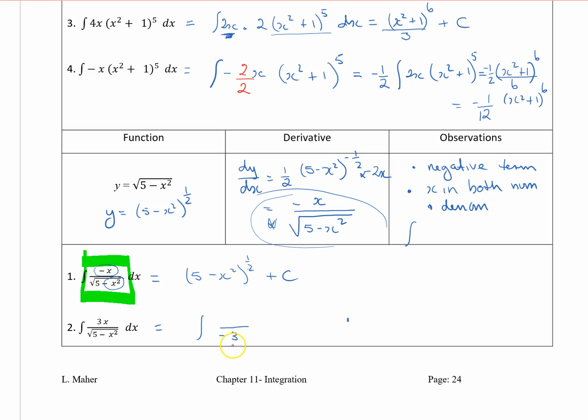So ideally if it was negative 3, and I'm multiplying by 3x over square root 5 minus x squared, then I can see that that would nicely cancel out and I would have a negative.